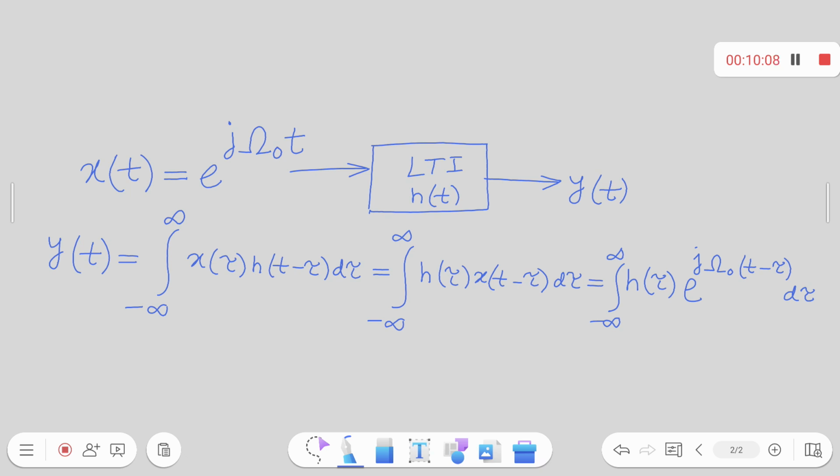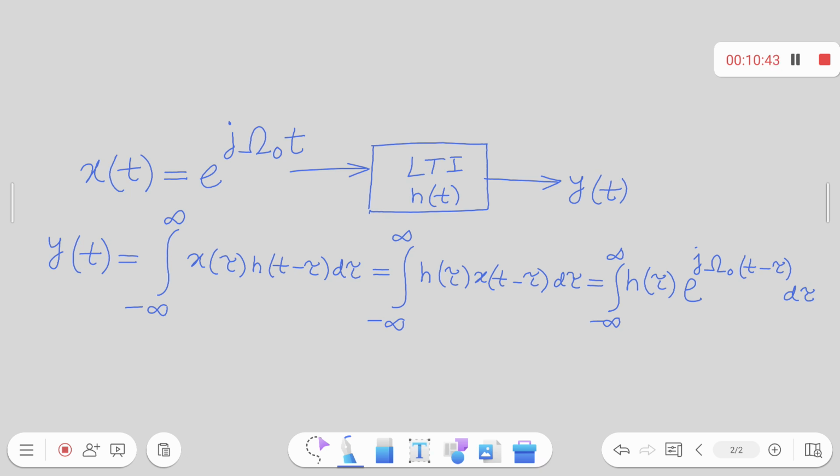Now you look, this integration is carried out over tau. Tau is a variable, isn't it? So the limit, minus to plus infinity, is for tau. So e to the power j omega naught, t minus tau, can be represented as e to the power j omega naught t multiplied with e to the power minus j omega naught tau. So this e to the power j omega naught t can be taken outside.